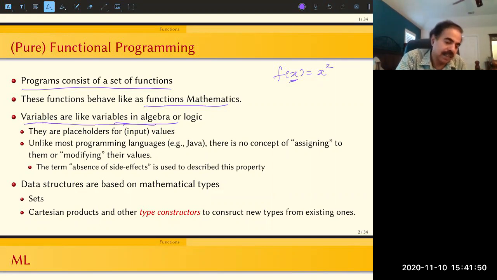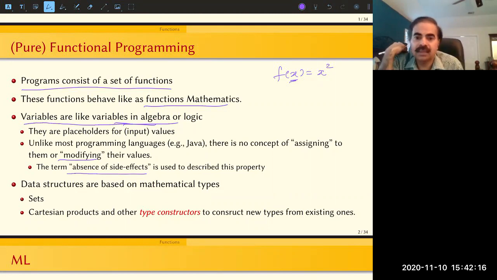As an aside, languages in which you think of variables as something that is stored in memory, and their values can be changed over time through assignments, those languages are ones where computation happens through what we call side effects. Whereas in a functional language, one term that you will hear repeatedly is that there are no side effects.